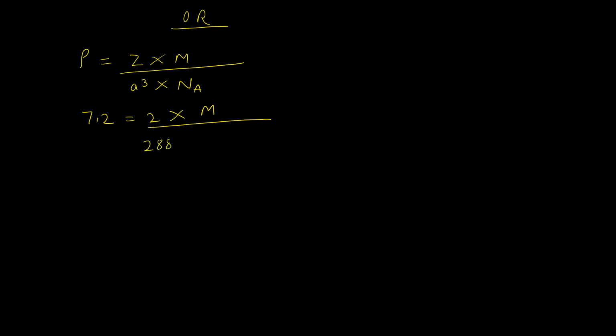A cube is 288 into 10 raised to power minus 10 whole cube, then 6.023 into 10 raised to power 23. After solving this, you will get the value of M. Say it is X gram. So when you solve it, it comes out to be X gram.